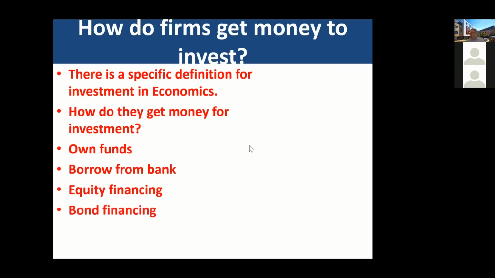An alternative way of raising money is what we call bond financing. I will explain the difference between bonds and equities shortly, but bond financing is essentially another way for a firm, corporation, to borrow money to invest.